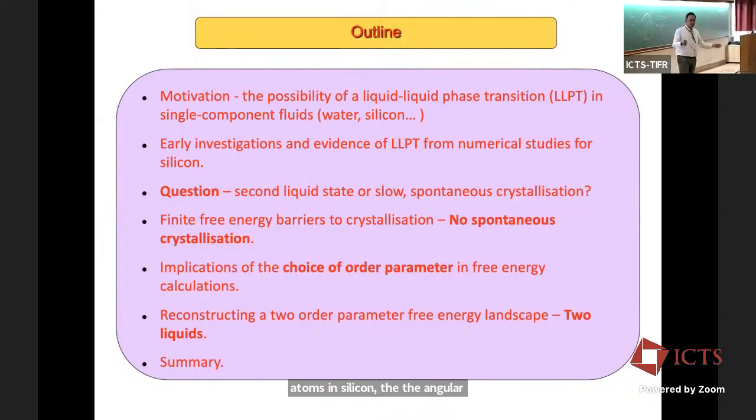They're not floppy. And so it is much more prone to crystallization, and therefore the kind of skepticism that has been expressed in literature is more warranted in this case. It also makes it harder to establish that there is indeed a metastable liquid-liquid transition.